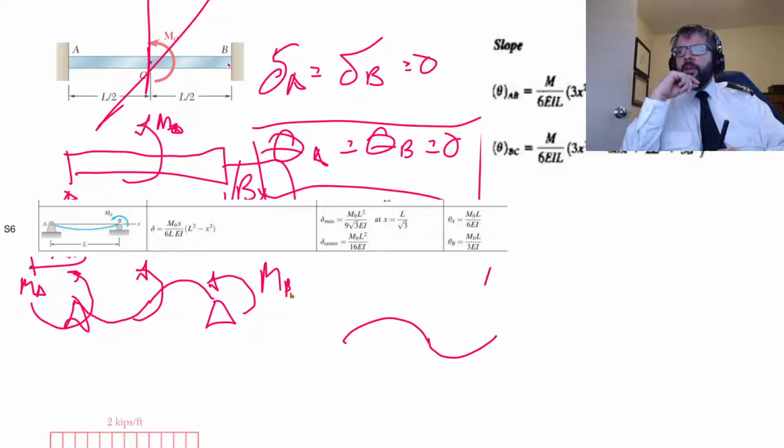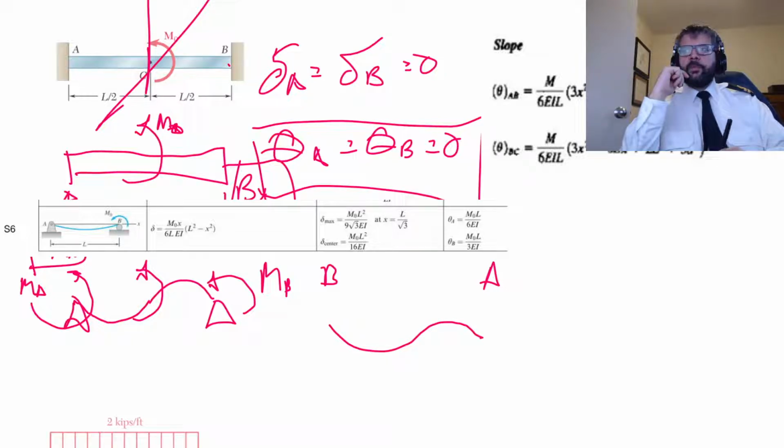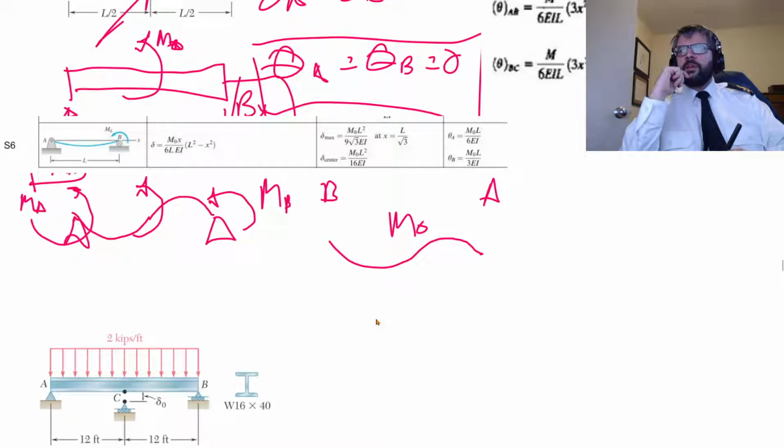So the slope at A and B due to, oh wait, that one didn't. I did that backwards, didn't I? Due to the moment in the middle, the M naught, due to the moment applied.